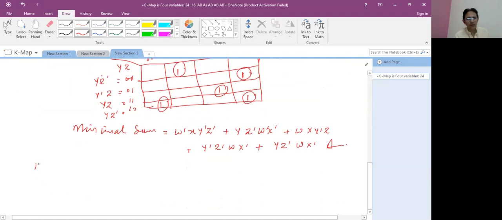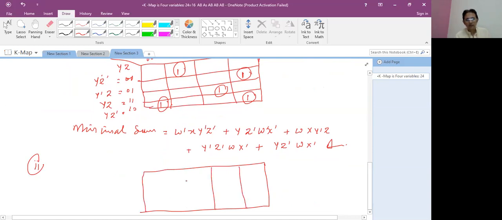But when we consider the second part, first we make a rectangle. There are 16 cells, 16 squares.